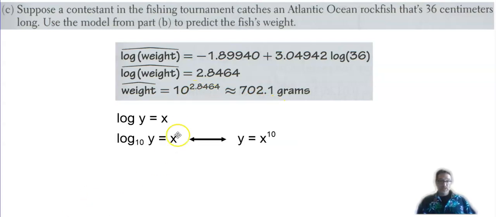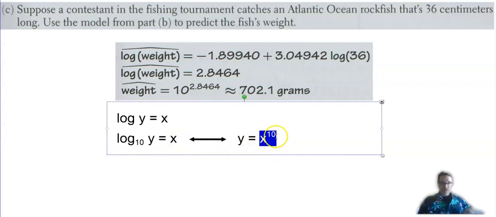If you don't remember what I did, remember the log of y equals x is really log base 10 of y is x. And this can always be rewritten as an exponent: base to the exponent equals a number. So 10 raised to the x power. Oops, this should have been, that's backwards. My goodness. So we wanted 10 raised to the x power.